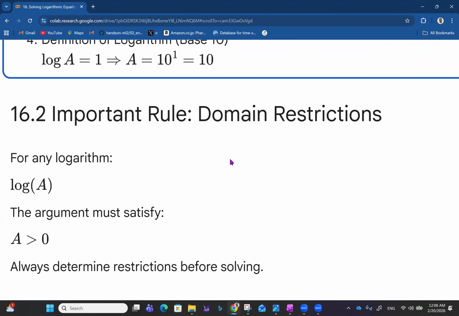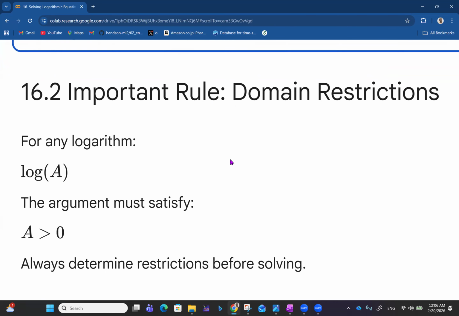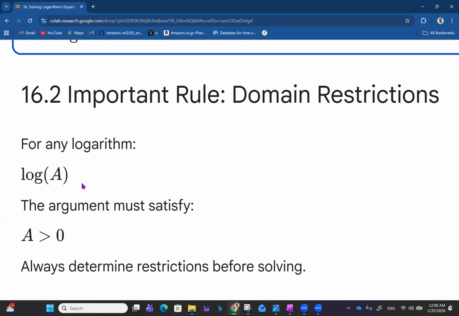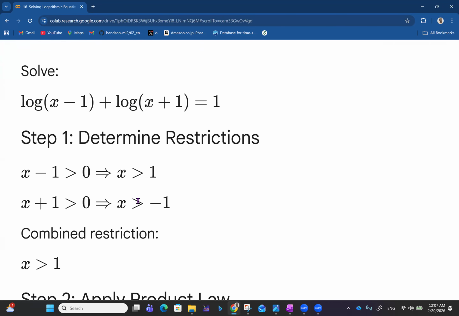For any logarithm log A, the argument must satisfy that A is greater than 0. A must always be greater than 0 no matter what. So always determine restrictions before you solve. Like we've done in every video so far, you must ensure that whatever A represents is positive before you start solving. If not, it will just be an exercise in futility.